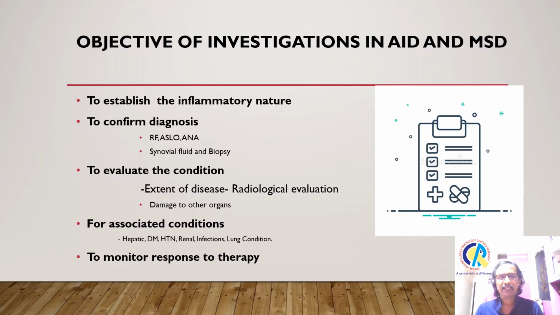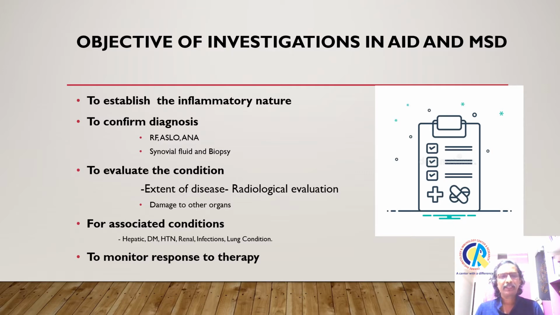Once we confirm the diagnosis, we try to evaluate the condition to understand the extent of the disease, the amount of damage caused by the disease, and the probable organs the disease may affect during the course of time.